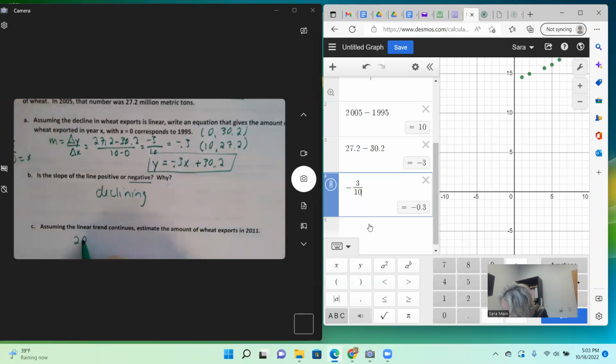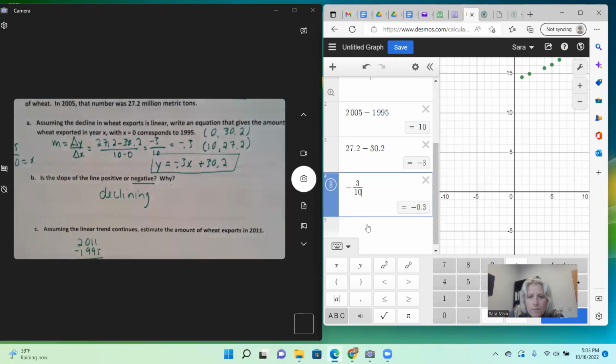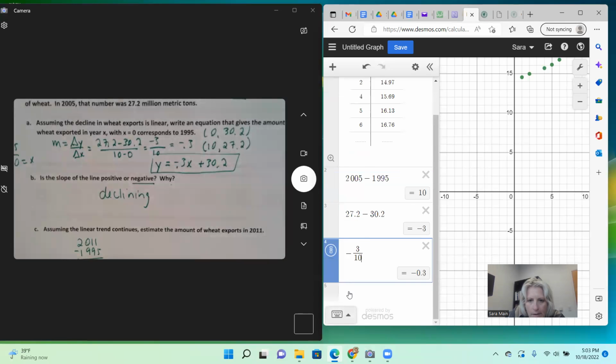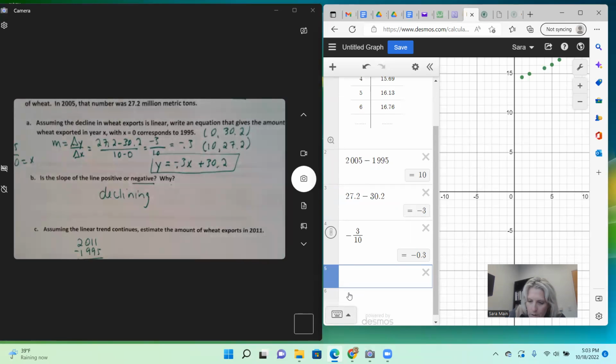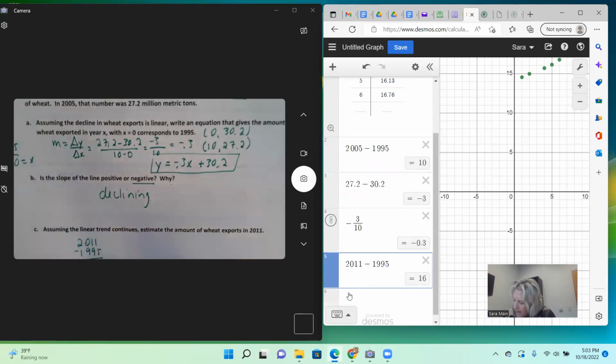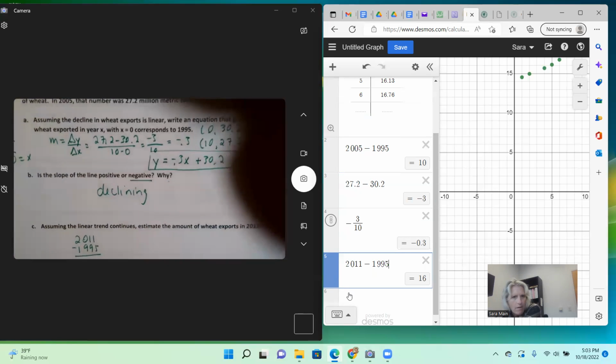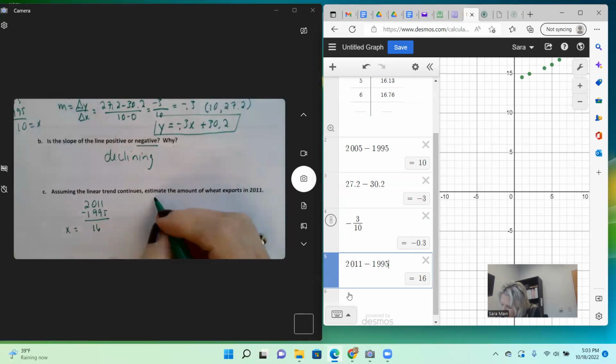So 2011 minus 1995 will be x equal to, I'm going to go over here and do 2011 minus 1995 is 16. So when x equals 16, so that's f of 16.